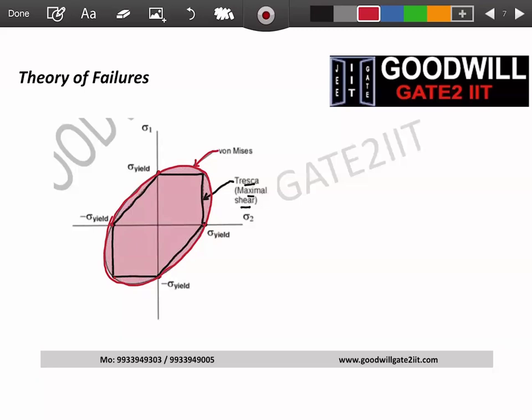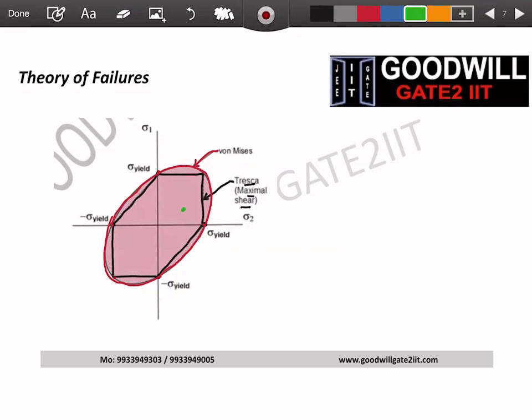So Tresca says, if you are inside the black body, you are safe. Von Mises says, if you are inside the red body, you are safe. Can you tell me if you are here at the green point, is it safe for both, or only for Tresca, or only for von Mises?